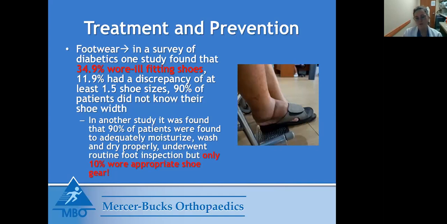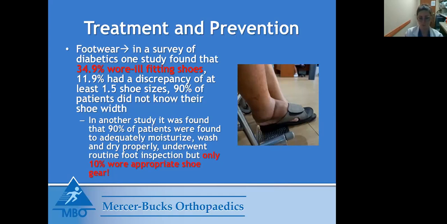Another study actually showed some really positive things in the diabetic population that they were looking at, and they found that 90% of patients were pretty compliant with basic wound care and foot care modalities. However, only 10% wore proper fitting shoes.